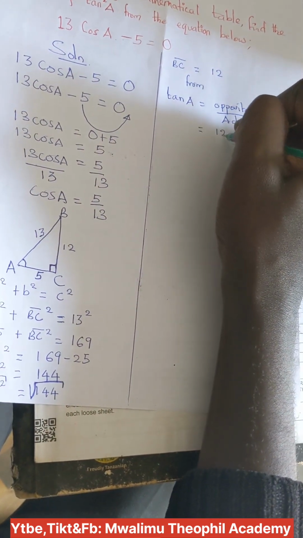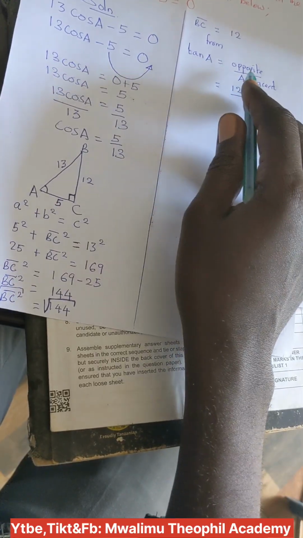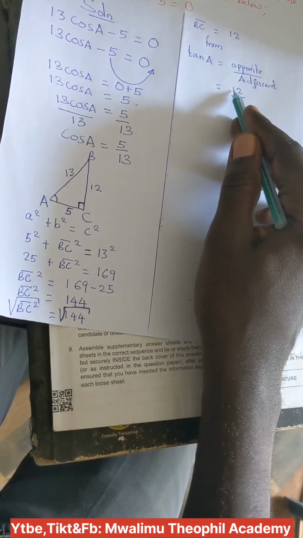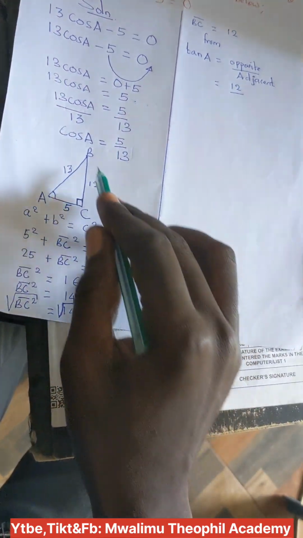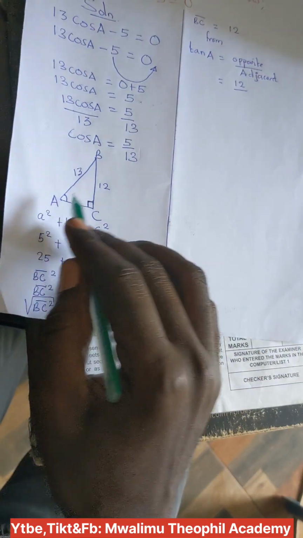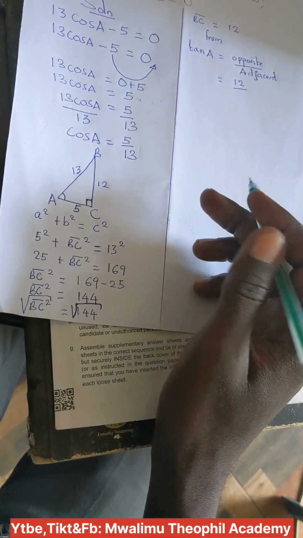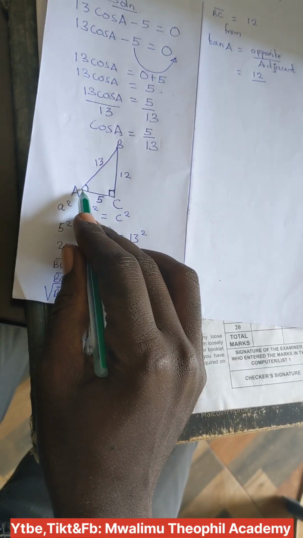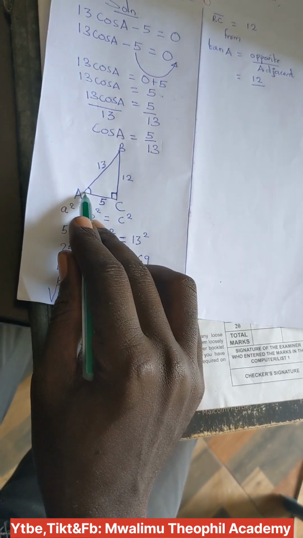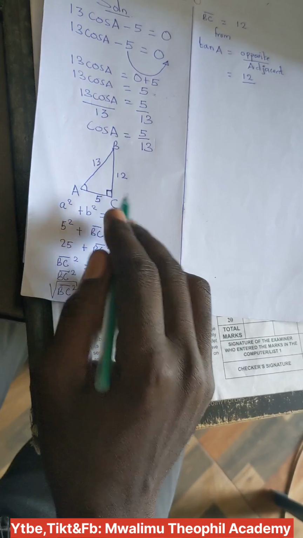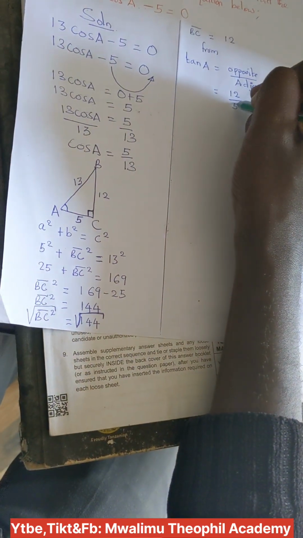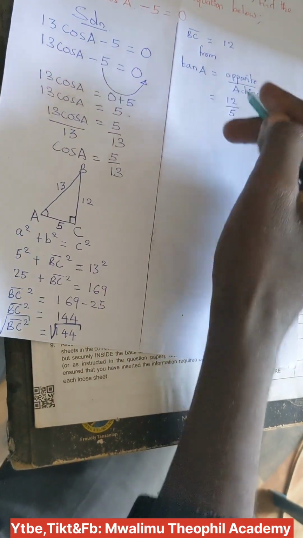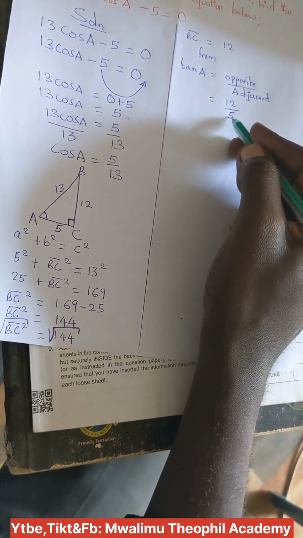Now the adjacent one means a nearby side, a side which is near to angle A apart from the hypotenuse. This is the side AC. The length of side AC is given as 5. So tan A is equal to 12 divided by 5.